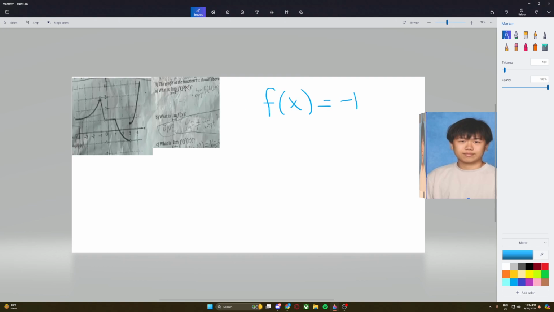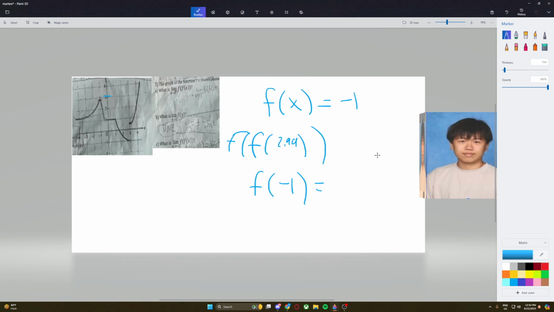And then we had to put f of -1 into the function, into the limit. And so f of 2.99 of f, which would equal f of -1, which would equal 3.